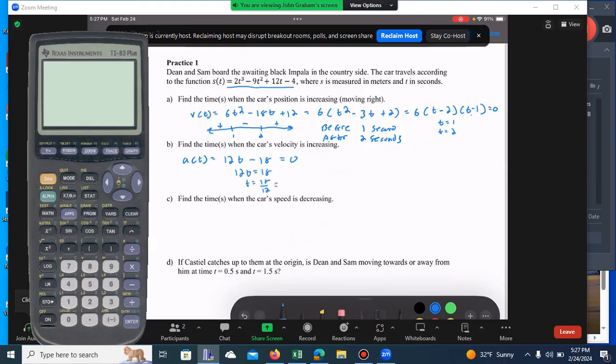It's going to be, let's see, 9 over 6, 3 over 2, 1.5. So if time is 0, you'll have a negative acceleration. Time is 2, you'll have a positive. So your velocity is increasing after 1.5 seconds.